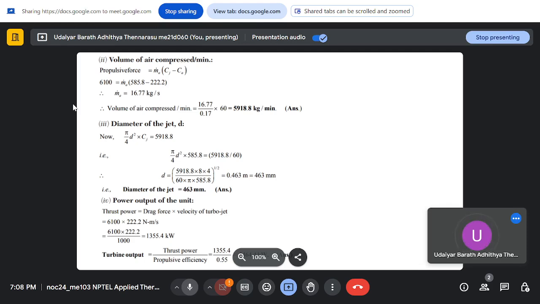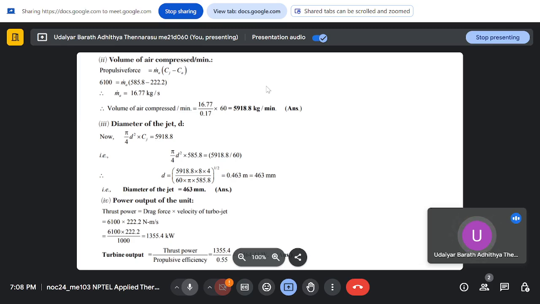So the value of volume of air compressed per minute is 16.77 divided by 0.17 into 60. So this gives 5918.8 kg per minute. Mass by density is your volume, so with this I have found out the volume.